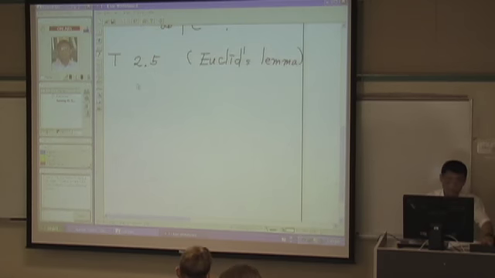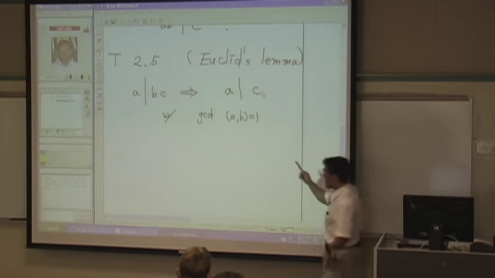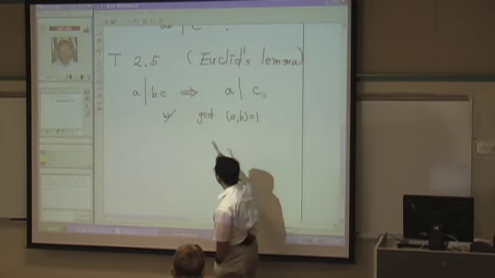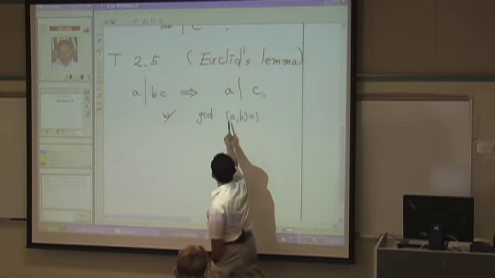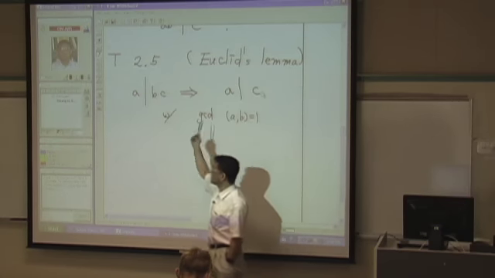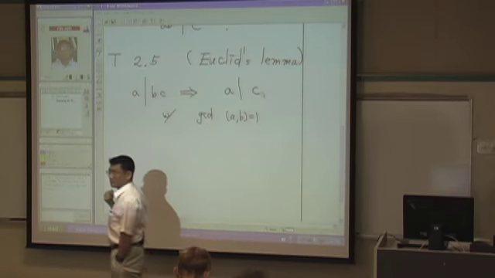The statement says, if A divides B multiplied by C, then, of course, with the condition GCD equals 1, right? With this condition, then A must divide C. In other words, A divides B multiplied by C, but A does not divide B because of this condition. Then A must divide C. This is the statement.